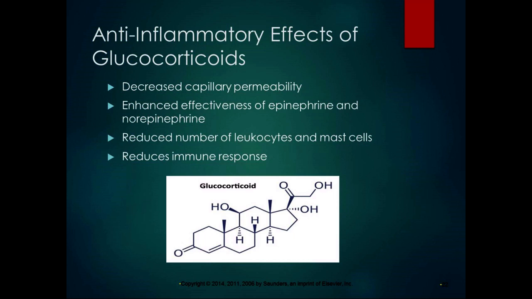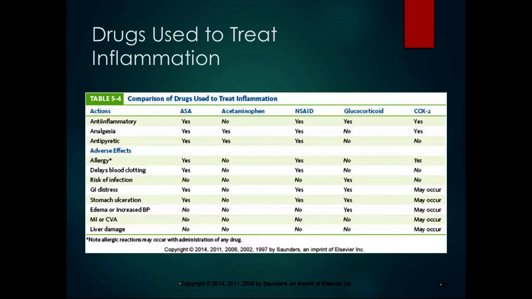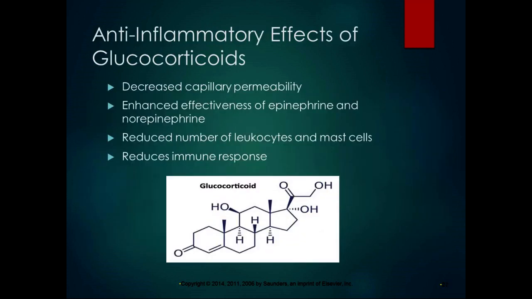Glucocorticoids, the way they address inflammation, when you look at that last chart, they don't do anything with analgesia, they don't do anything with fever, but they are anti-inflammatories. That's their reason for being. They do it by decreasing capillary permeability, and it enhances the effectiveness of epinephrine and norepinephrine, which are two hormones in our body that are integral in the sympathetic and parasympathetic nervous system.